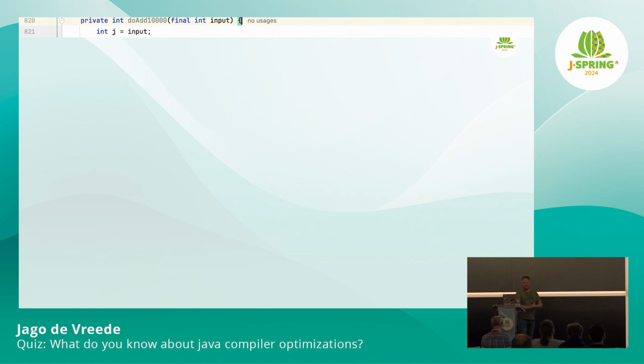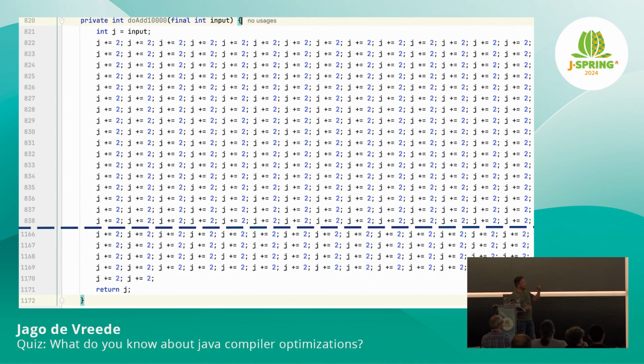But next one. I wish I got paid by the line of code. So sometimes my wishes come true. So I created a do add 10,000. I have an input that I assign to J, and then I'm going to add 10,000 to that input value. And I do this, of course, this way.